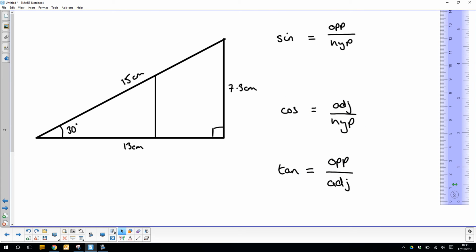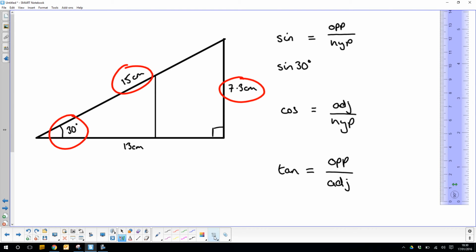Right. Now, again, let's give ourselves a bit more room. What have we got here? Well, we've got sine and we've got a 30-degree angle. For sine, we can see that sine is opposite divided by the hypotenuse. The opposite is 7.3 and the hypotenuse is 15. So let's see what happens if we do that.